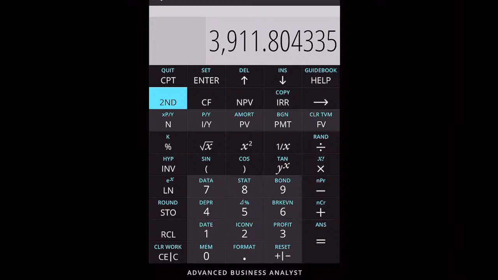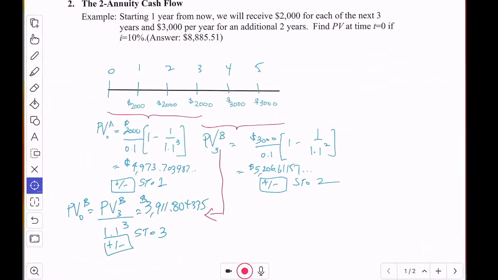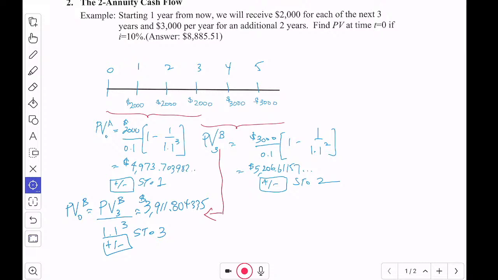So this is the discounted second annuity. Now I want to recall 1, and I want to add it to recall 3. And that is not right. So what did I do wrong? Hold on. Did I do something wrong? Let's do it again. 2, 3.